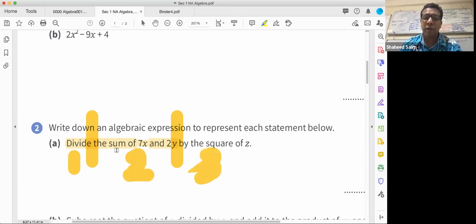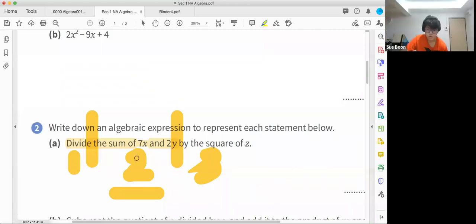Now, can you do the sum first? What is the sum of 7x plus 2y? Do this number 2 first. 7x plus 2y.